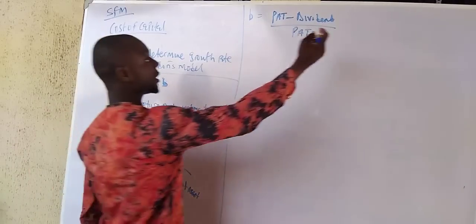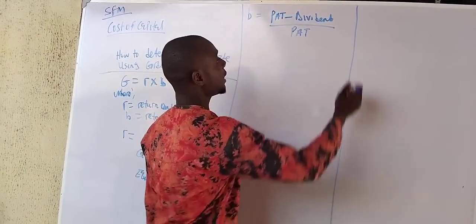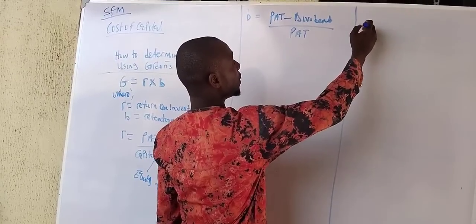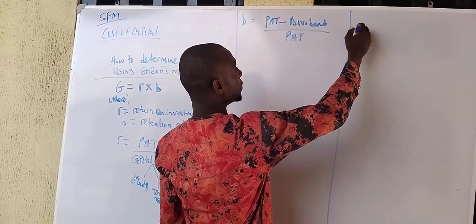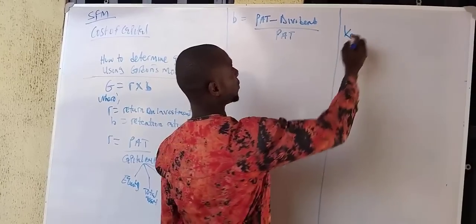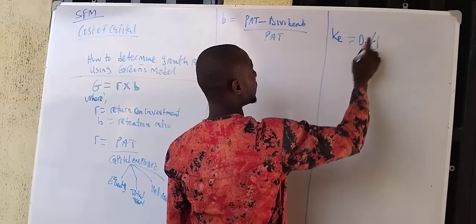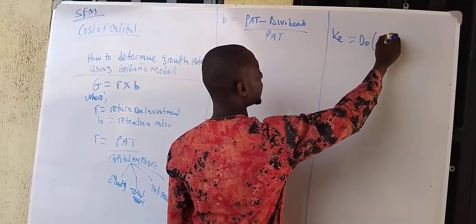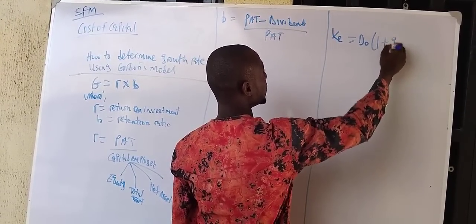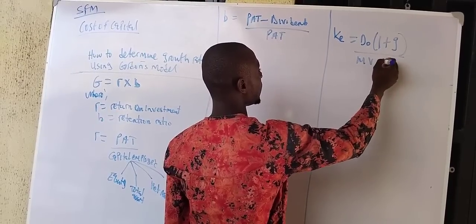Now let me quickly take you back. In my last video, I said the dividend valuation model with growth rate: cost of equity is equal to D0, which is the current dividend, times 1 plus growth rate, divided by market value ex-div, plus growth rate.